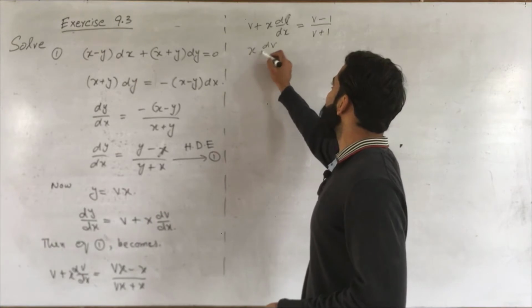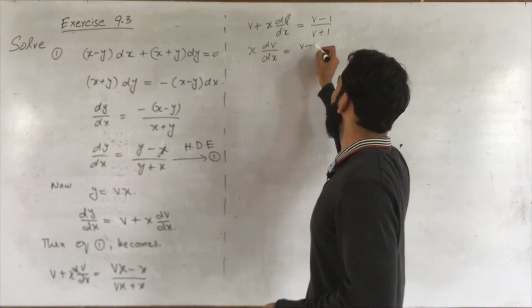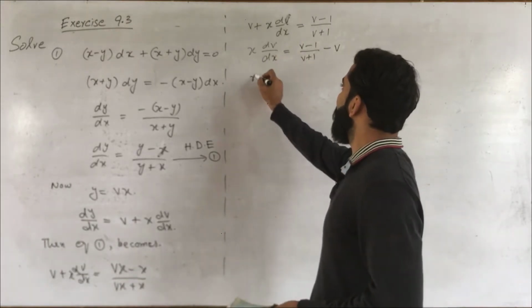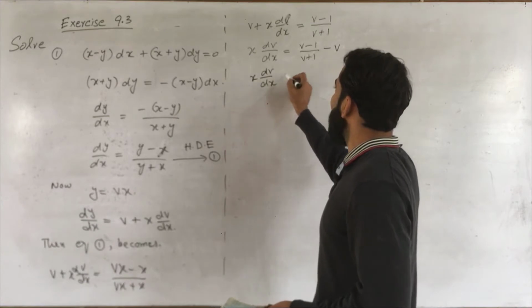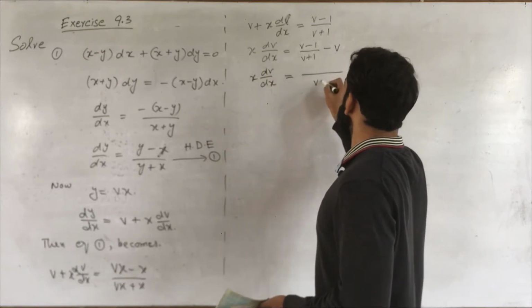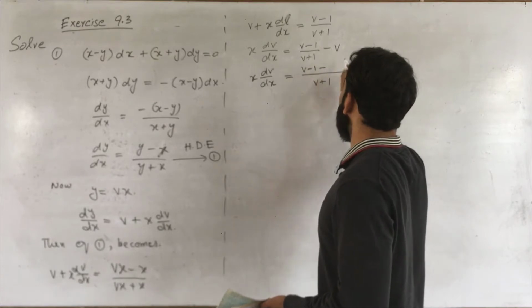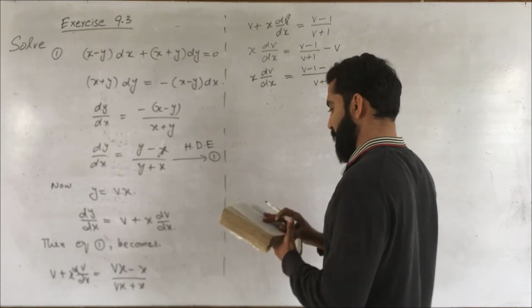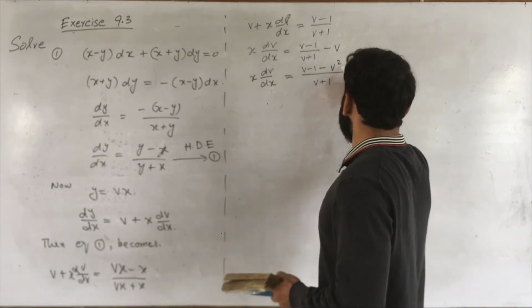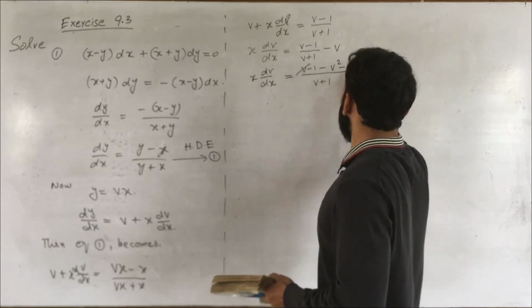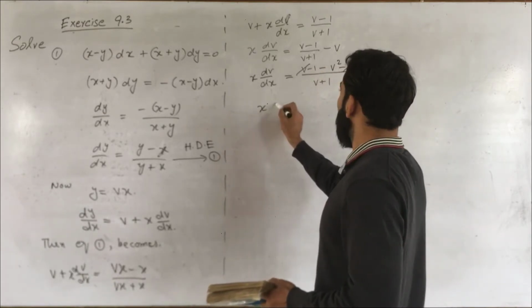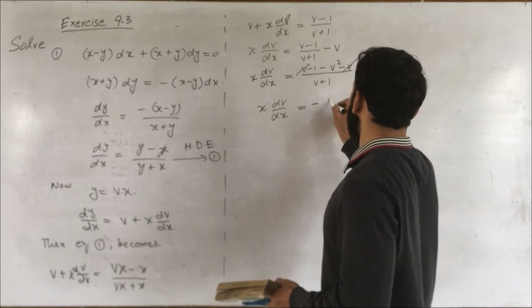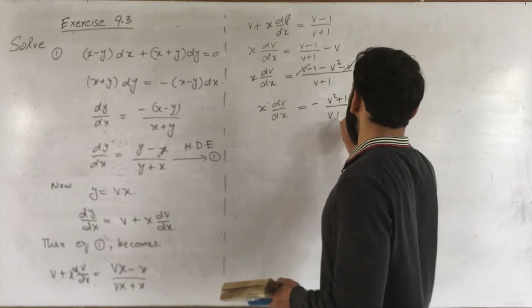The method of separation is as follows: v plus 1, this v is converted to minus v on the other side of the equation, x dv over dx is equal to (v minus 1) over (v plus 1) minus v, which is v minus 1 minus v square minus v over v plus 1, this v is cancelled out, x dv over dx is equal to minus (v square plus 1) over v plus 1.